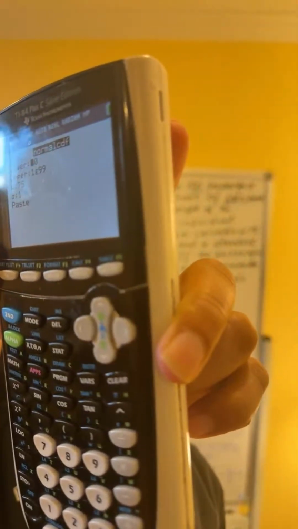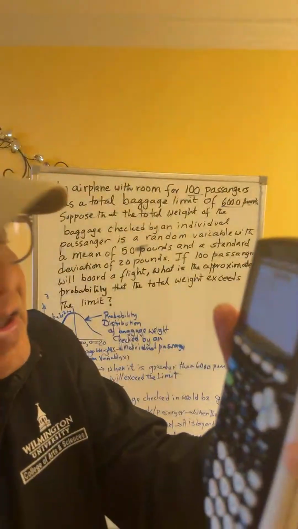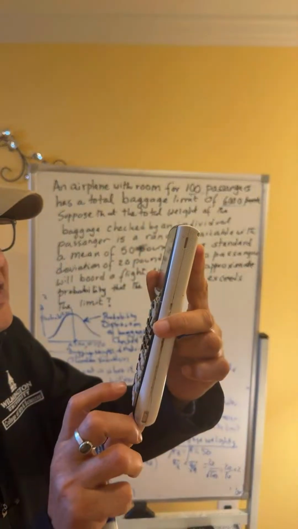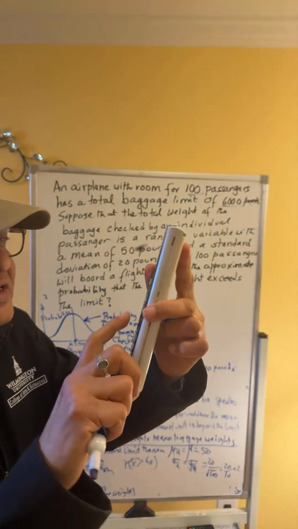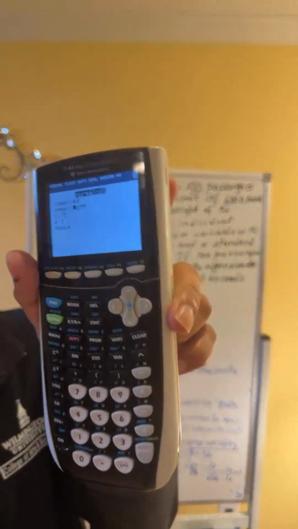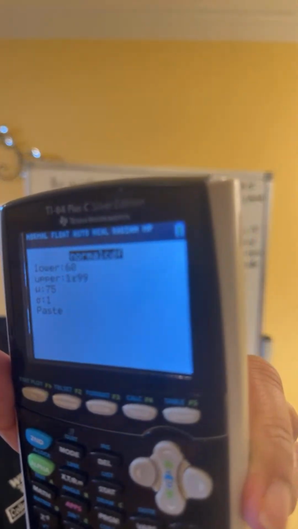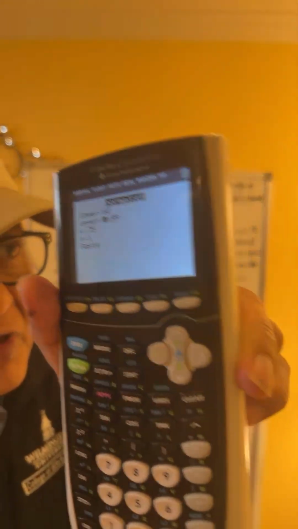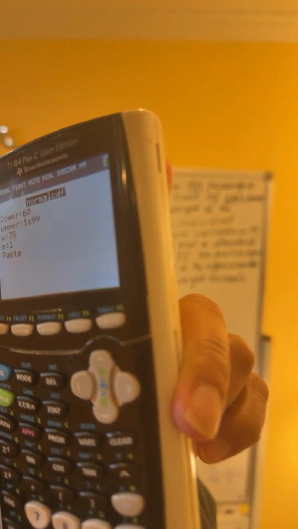C stands for cumulative area. Our lower bound, we are starting our calculation from 60, so we will type in 60. Our upper bound is a very large number on the right, 1 followed by 99 zeros. Remember, this curve stretches to infinity on the right, which we tell the calculator by 1 followed by 99 zeros.